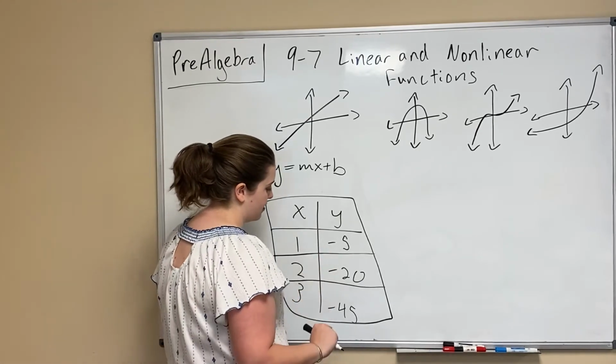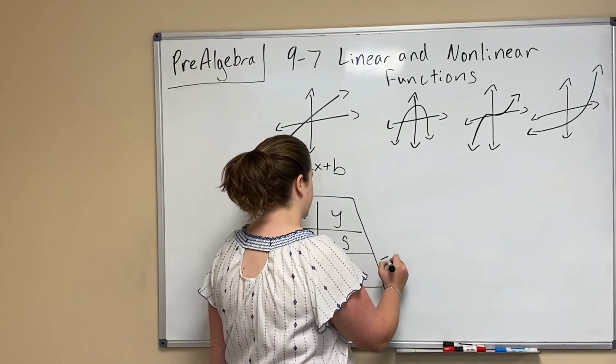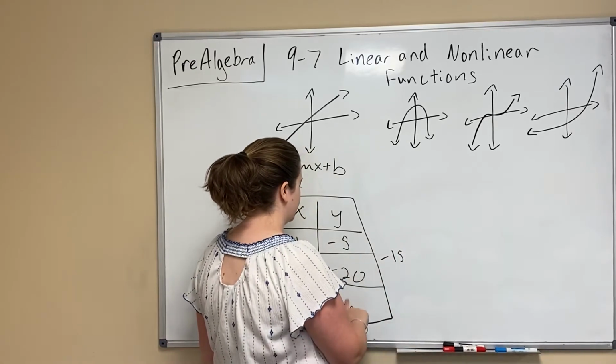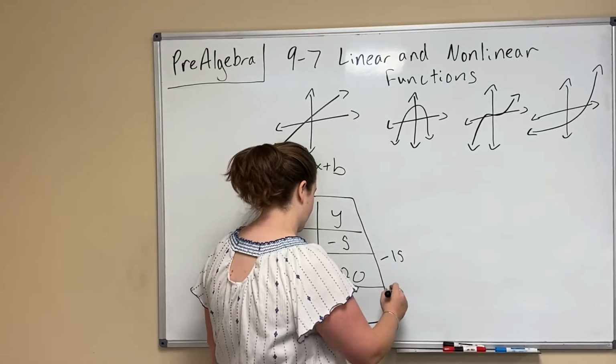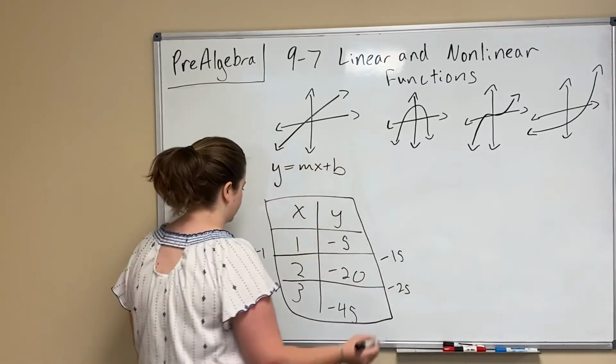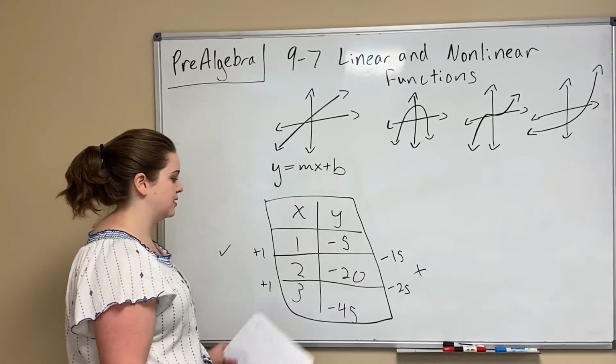Between -5 and -20, I am subtracting 15, right? And from -20 to -45, I'm subtracting 25. Okay, so that is not a constant change.